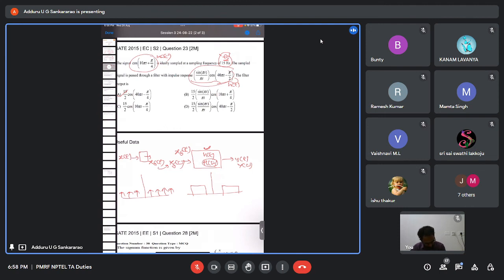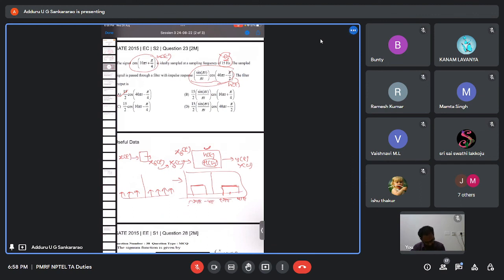Now when this x delta of t is passed through this filter, what will happen? Where the filter has non-zero gain, those impulses will come out of the filter; the other impulses will be suppressed. We have seen the pass band for this filter: 39 pi to 41 pi, and also minus 39 pi to minus 41 pi.